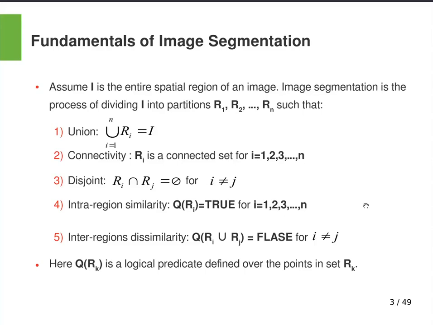On the other hand, for two regions that are different, if you calculate their union, the condition Q should be false. If it's true, that means that both of them are basically the same segment, so the image segmentation is wrong. The Q for the union of Ri and Rj should be false.